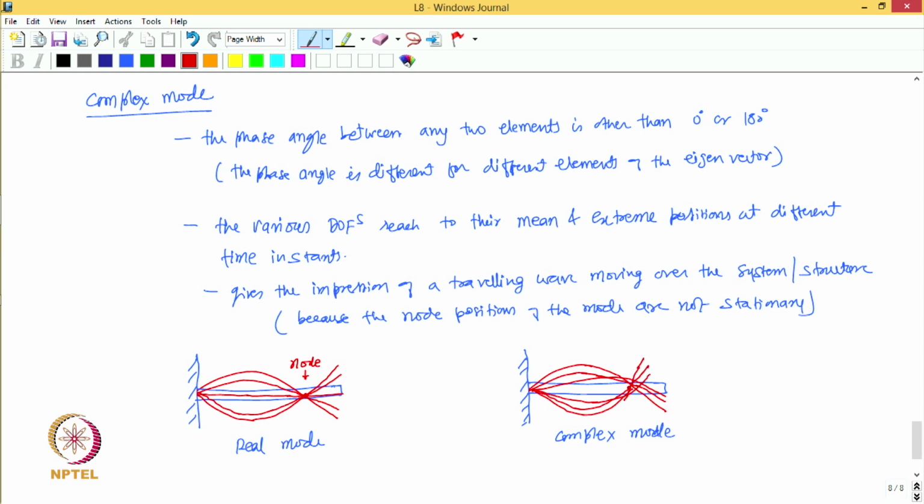So, what is happening is at different time instants the 0 displacement point is different, it is slightly moving. So, there is a shifting of the point at which the displacement is 0 at different time instants, right, and that is why it appears as if this node is moving and gives the impression of a travelling wave.